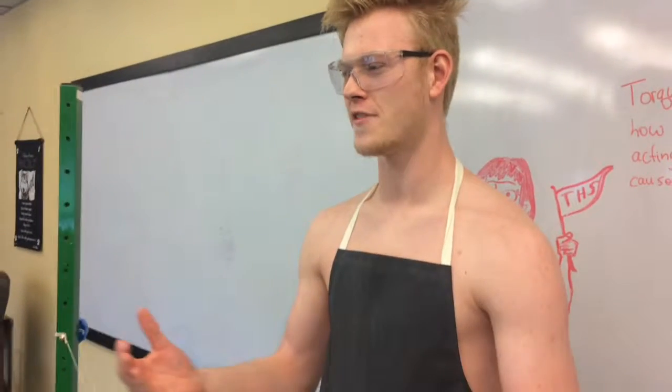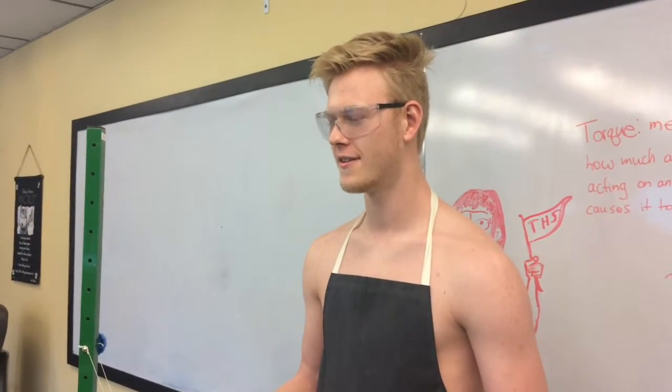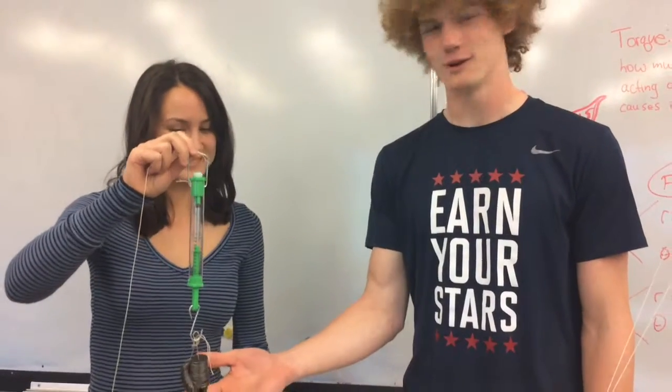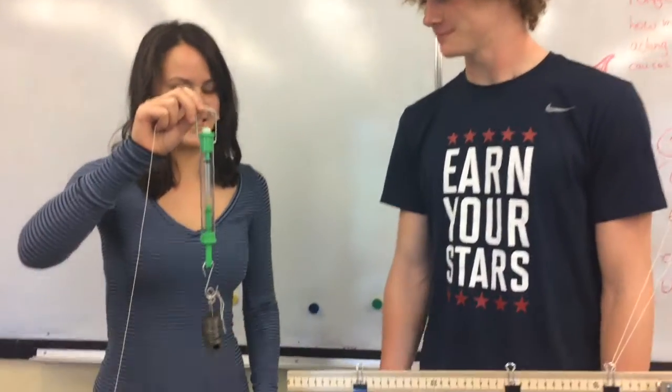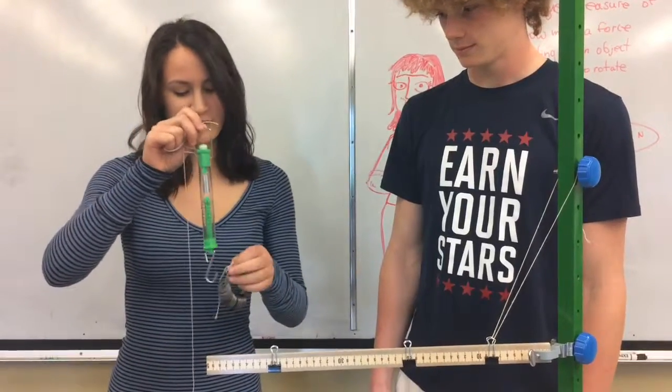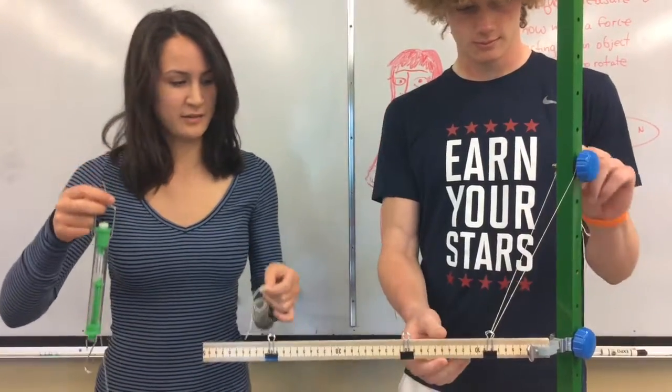Children, come express to me the knowledge that I have given you in this model. As you can see here, we have a 250 gram mass. So we're going to measure the torque at a 40 centimeter radius.